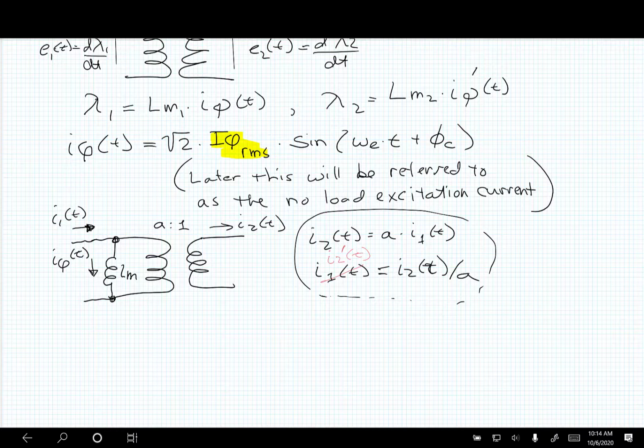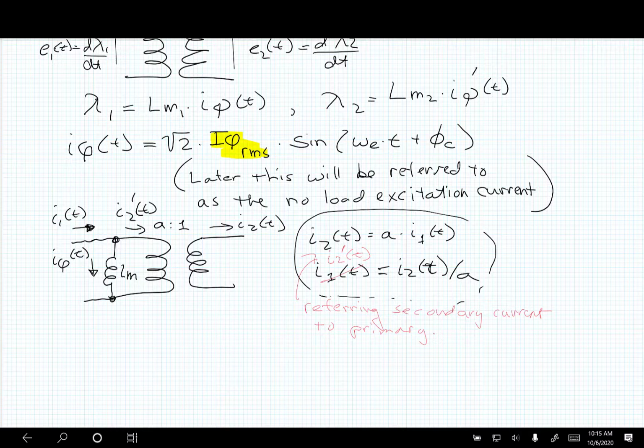So this is I2 prime, where we are referring the secondary current to the primary. So what that is, is this. This is I2 prime right there.